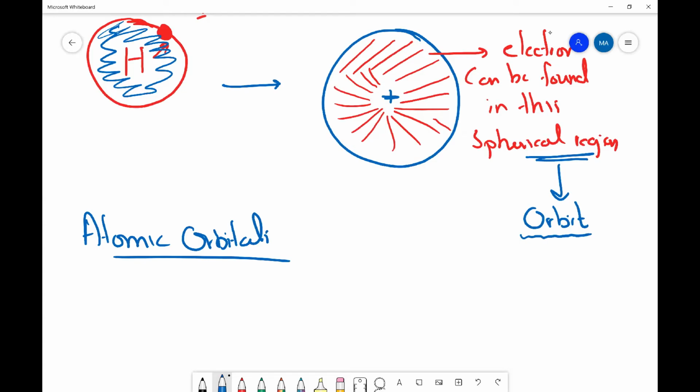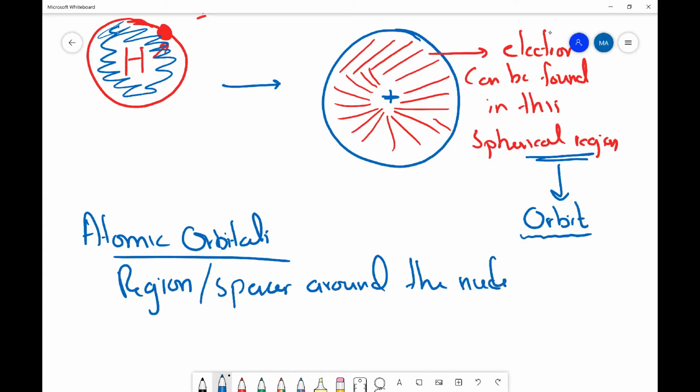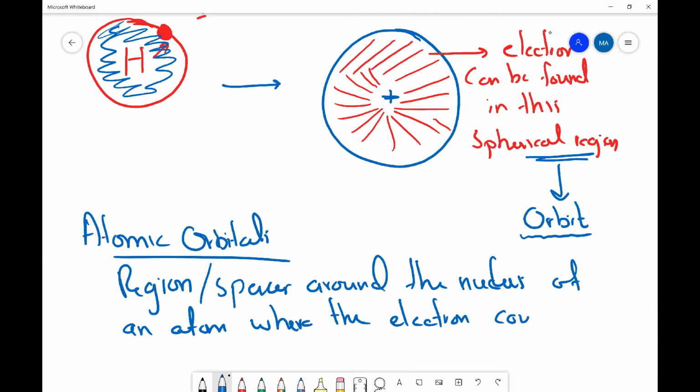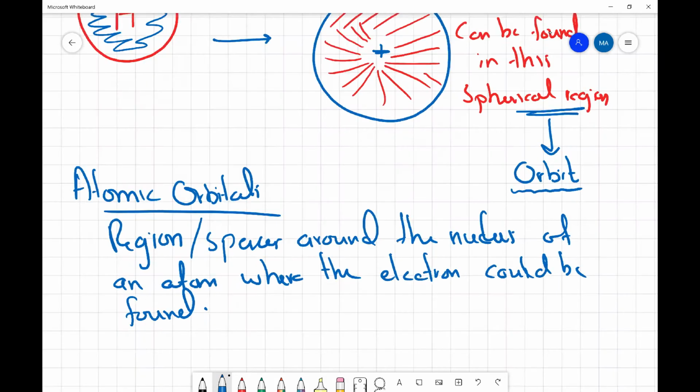Okay, so the definition could be that atomic orbitals are regions of space around the nucleus of an atom where the electron could be found. And there are different types of orbitals.